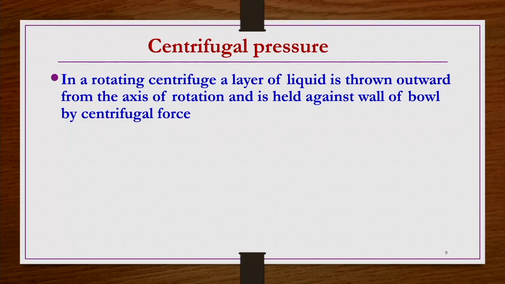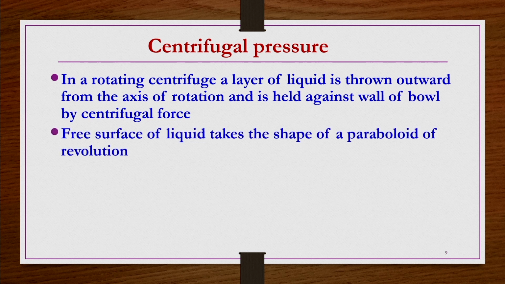Now, we see the pressure drop. What is the pressure in the centrifugal force that is causing the separation to occur? That we are going to calculate: dP by dr equals rho r omega square, which we are going to derive now. Okay. So, in a rotating centrifuge, a layer of liquid is thrown outward from the axis of rotation and is held against the wall of the ball by centrifugal force.